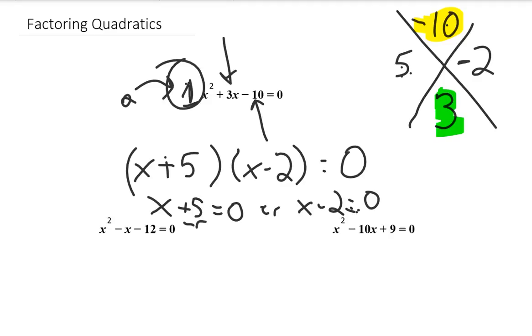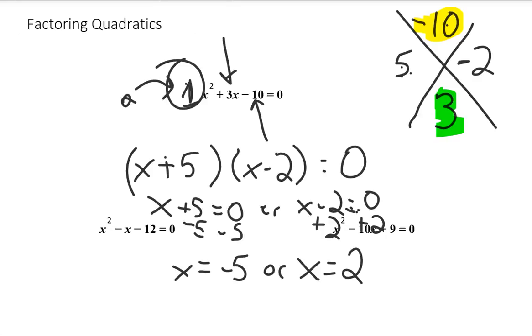If I subtract 5 from both sides to get x alone, I'll get x equals negative 5. Or if I add 2 to both sides, I'll get x equals positive 2. So x equals negative 5 or x equals 2 are going to be my two x-intercepts. If I were to graph this, since my A value is positive, it's going to be facing upward.